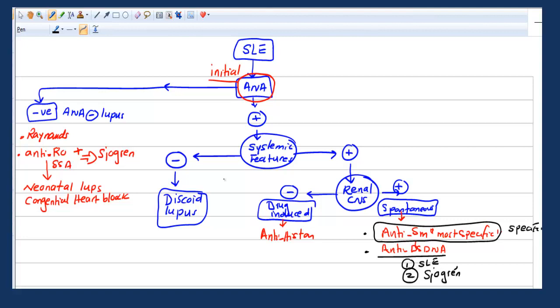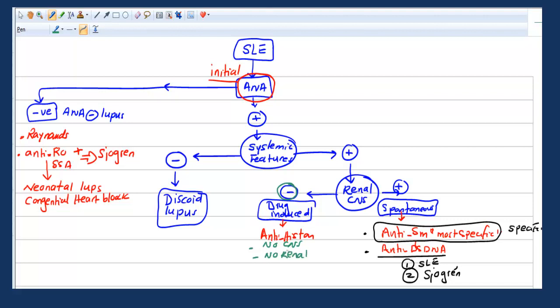All right, this is very high yield, and I think antihistone is easy, guys. Now, so far for drug-induced lupus, you can read it: ANA positive, systemic features, but what are the features? Renal and CNS? No, because they are negative. So basically you can say no CNS features, no renal features.